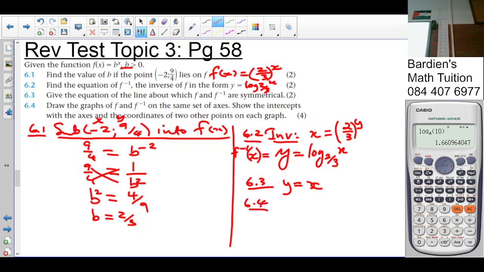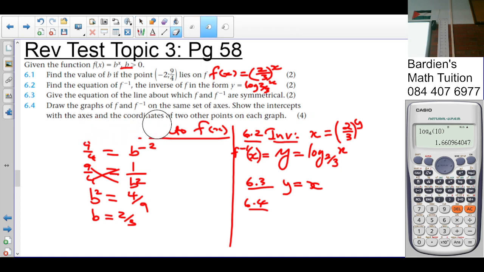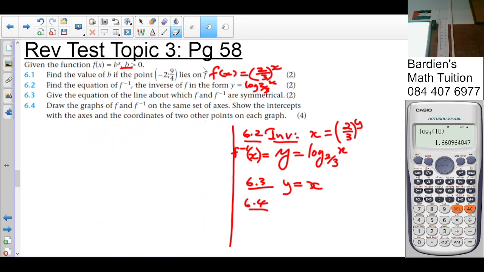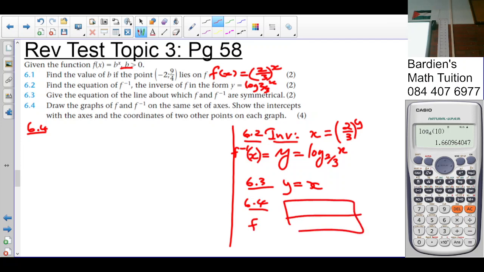6.4: Draw the graph of f and its inverse on the same system of axes. So we're going to draw. For f of x, which equals 2/3 to the x, the values I choose are -1, 0 and 1.